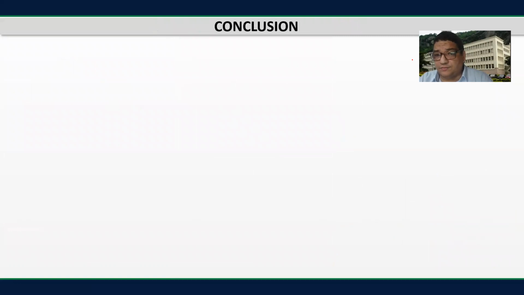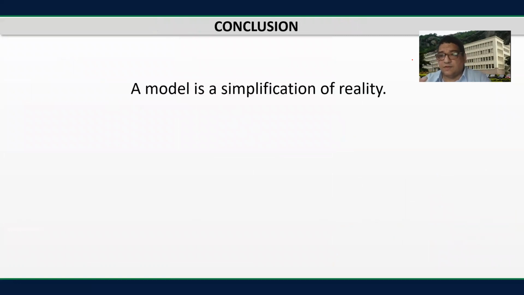So the conclusion is, what is important that you have to learn, that you have to put in your mind: a model is a simplification of reality, because the reality is very complex, is very confused. So I need to make a simplification to understand better the reality.